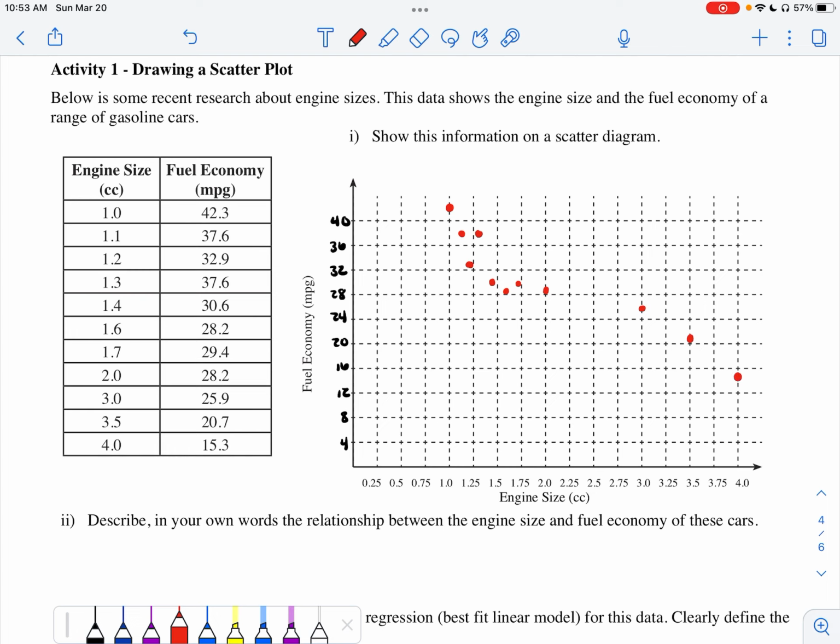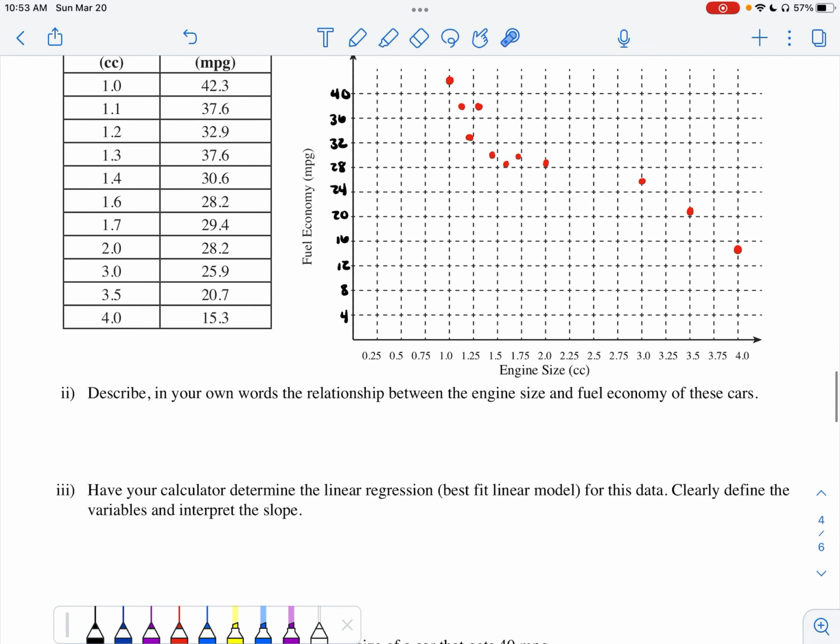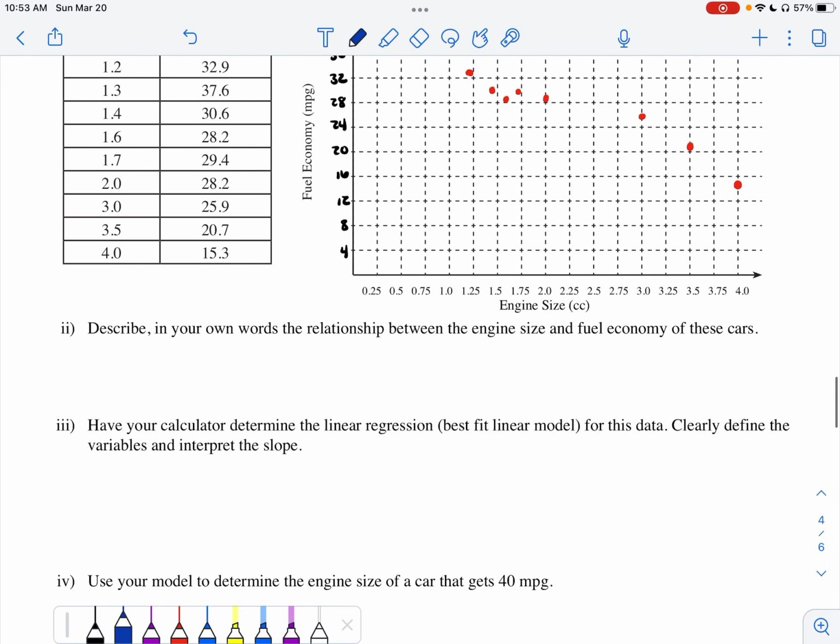Okay, there we go. All right, so we can see that there are some fluctuations within the data. Sometimes it goes down and then back up again and then back down again. But for the most part, we could say that as the engine size increases, the fuel economy of the car tends to go down. So for this next question, describe in your own words the relationship between the engine size and the fuel economy.